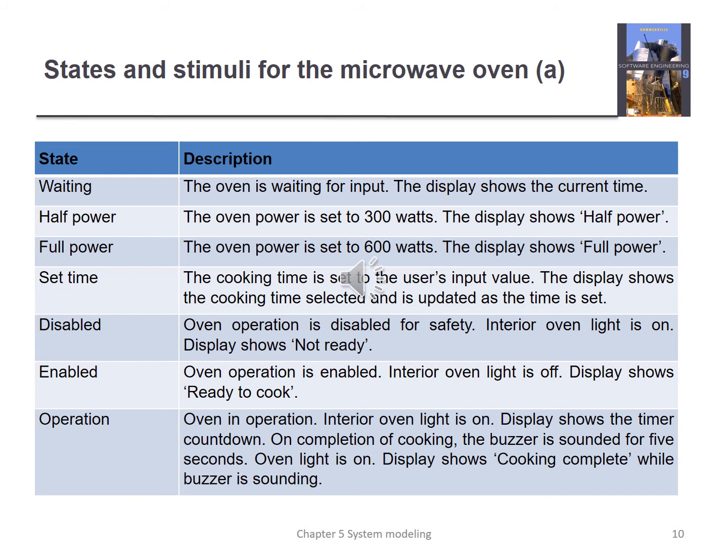And operation: the oven is in operation, the light is on and the turntable is working. Everything is okay until we see what's gonna happen with that operation. As we said, we could wait until the time is up, and then the buzzer sounds, or if we hit cancel, again it goes to the disable state.